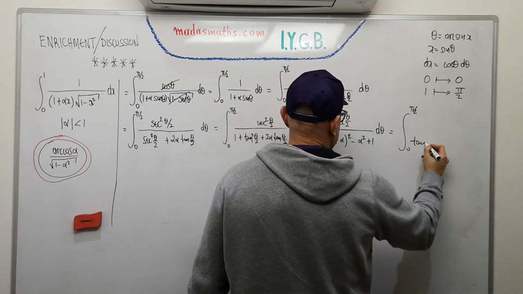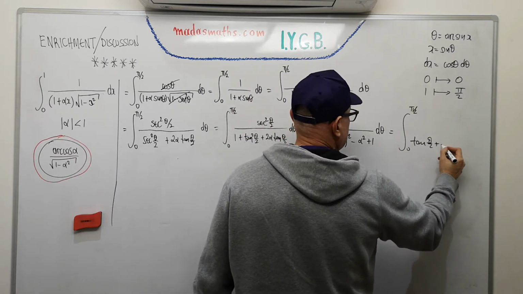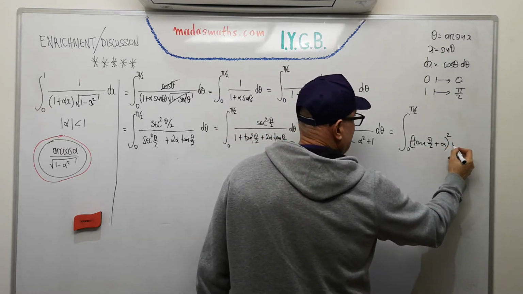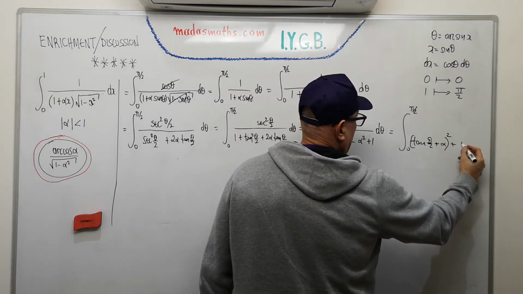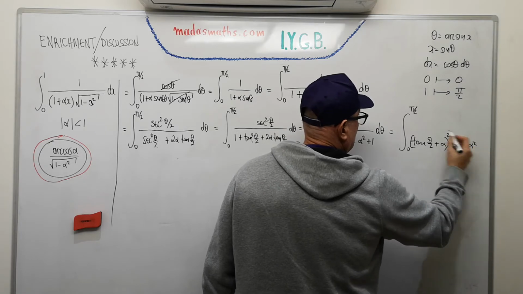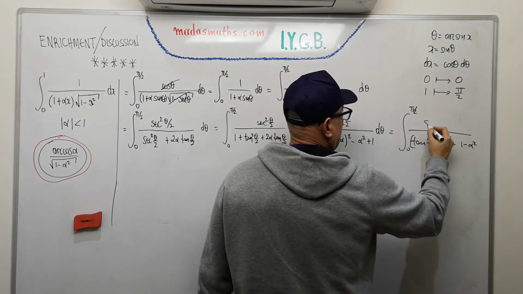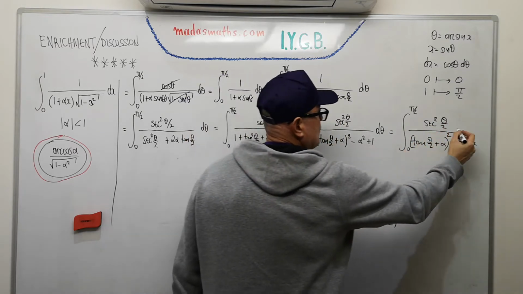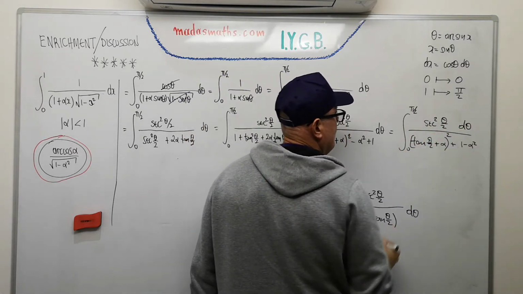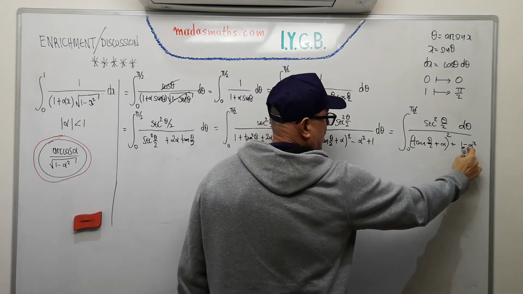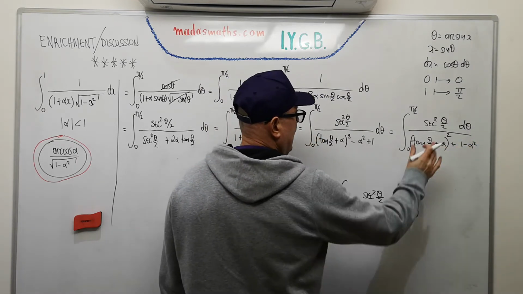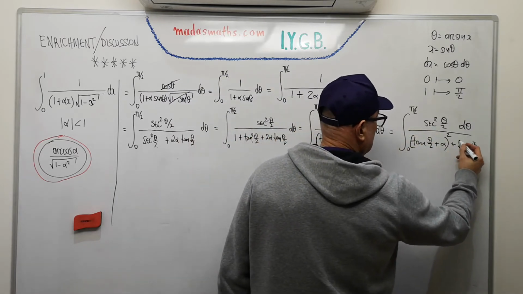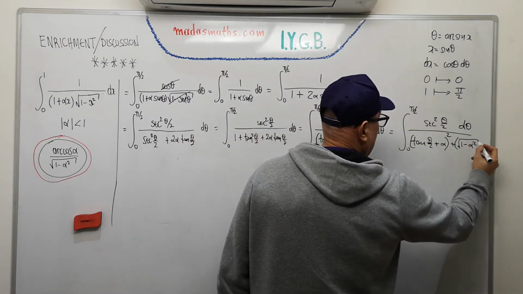So we got the tan of theta over 2 plus alpha all squared, I hope the board is visible there, plus 1 minus alpha squared, with sec squared of theta over 2 on top, and I'm going to put the d theta on the top because I have no room. And this 1 minus alpha squared is definitely positive, and because this is going to be some arctan, I'm going to square root it because of course it is positive, and then square it.